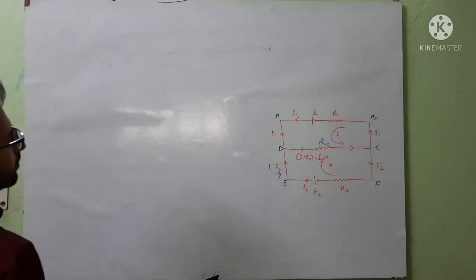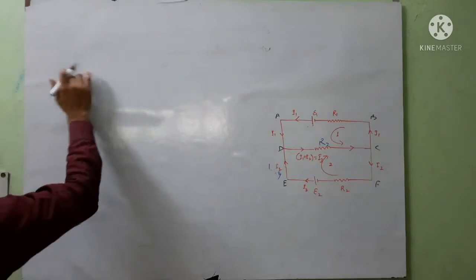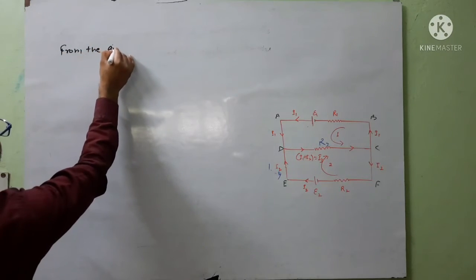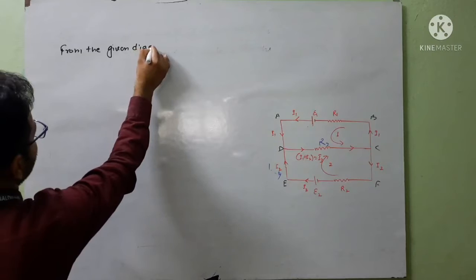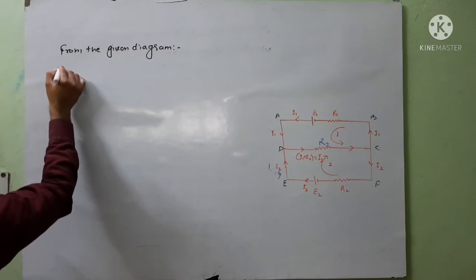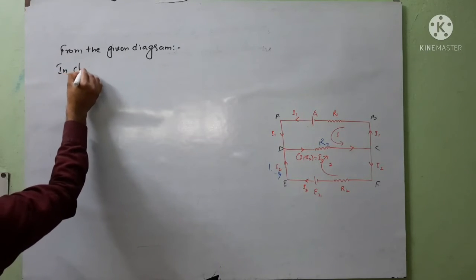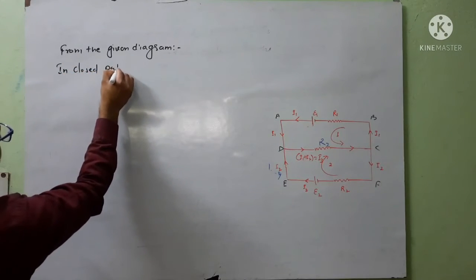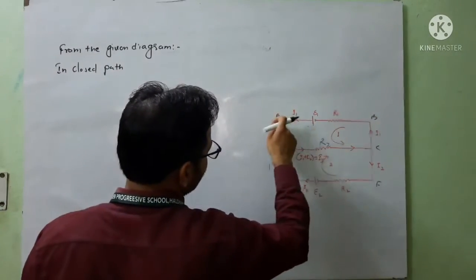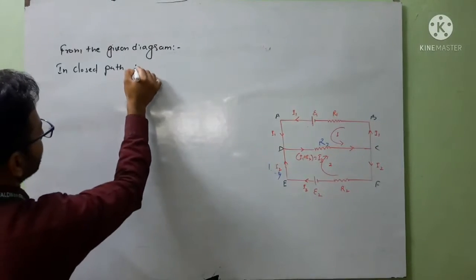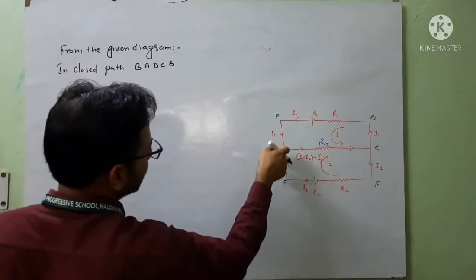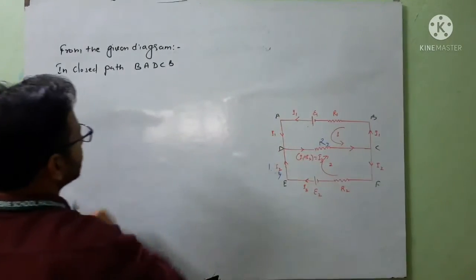Now see, student, from the given diagram, you can see a closed path or loop, namely BADCB, or you can say ADCBA also, no problem.